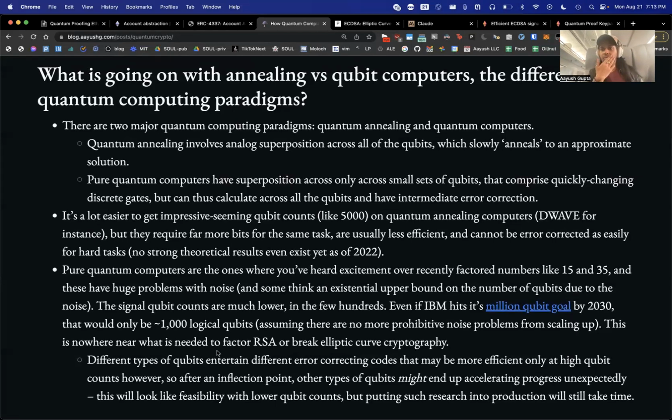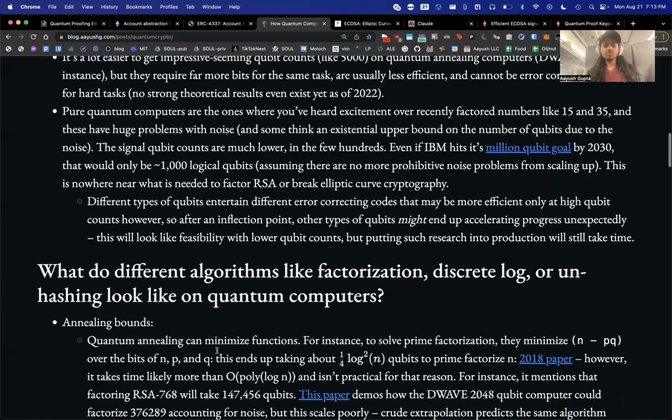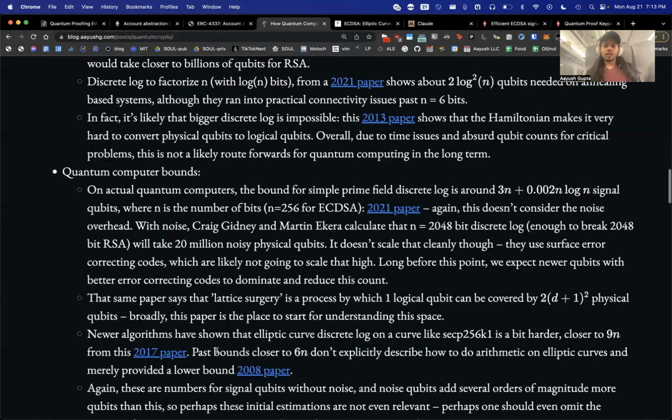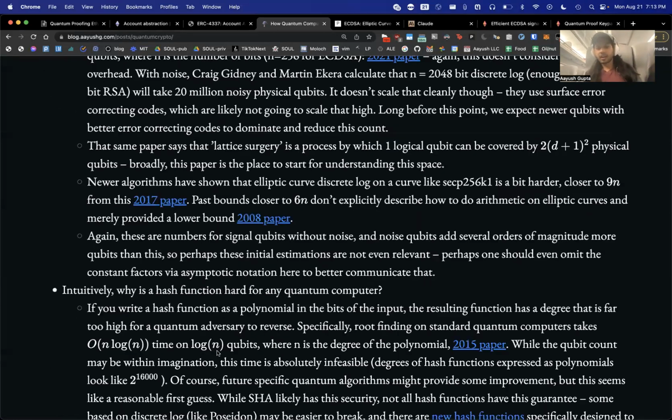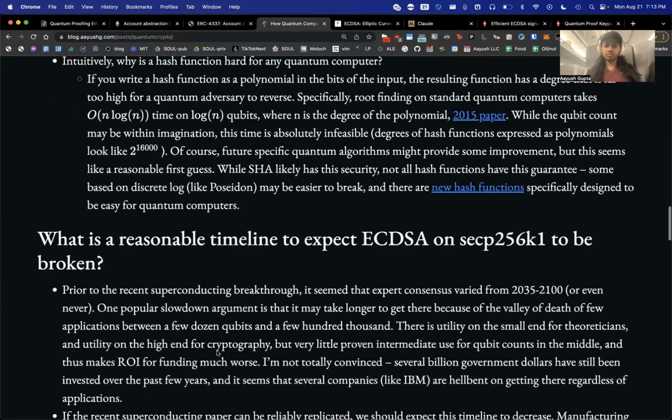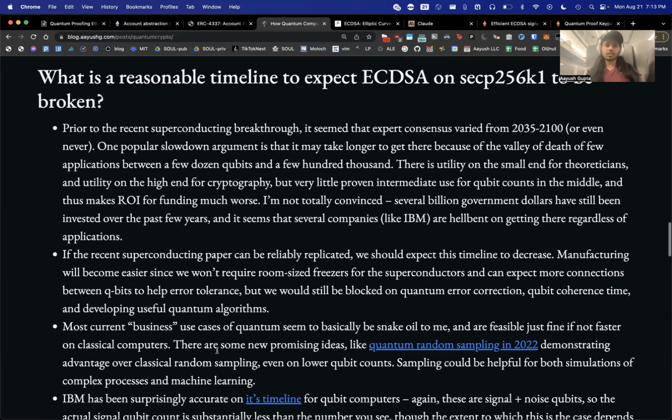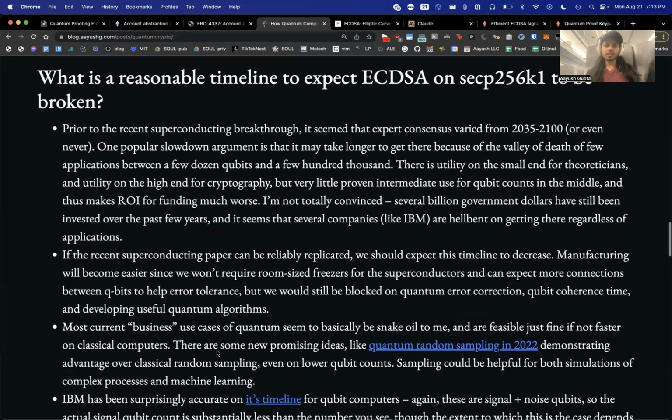And it seems like IBM is well on track to do that sometime between 2030 and 2015 is my current guess, but it's unclear. I go into some specific bounds that help define what the different algorithms are and how they work, but this won't be super relevant for this specific project.